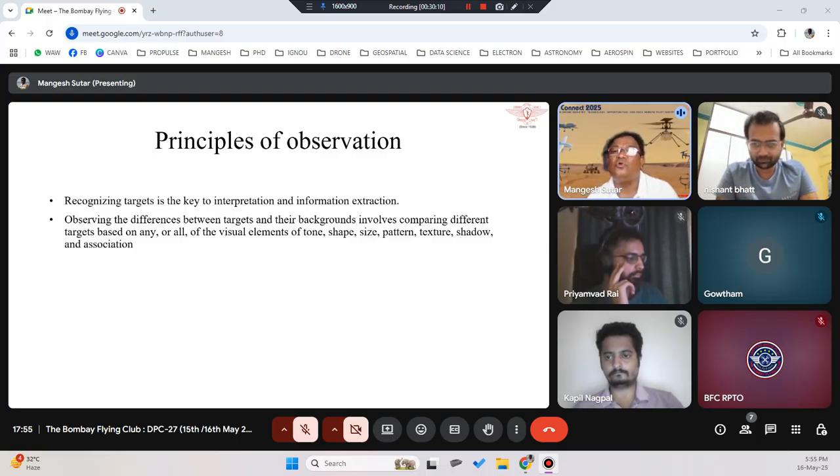Then your drone will fly uniformly at regular intervals and capture the images. Earlier my drone pilot was hardly capturing 100 to 200 photos, but through autonomous mode I was capturing more than 500 photos. So I had detailed data about that particular tower.